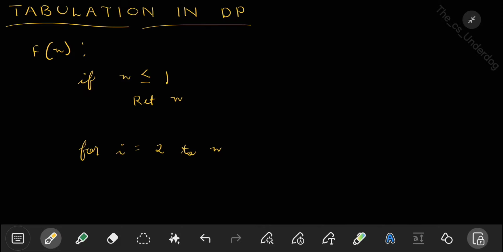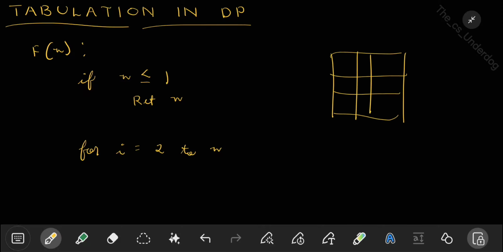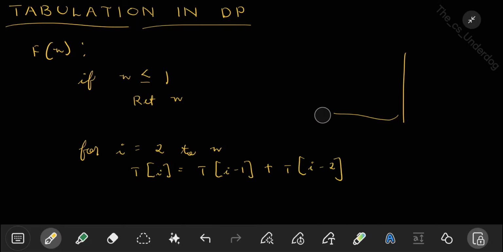We'll have a table. In this table, we are going to fill up all the values and use them whenever required. So you will say t of i is equal to t of i minus 1 plus t of i minus 2. In this case, you can say it is just an array instead of a table.